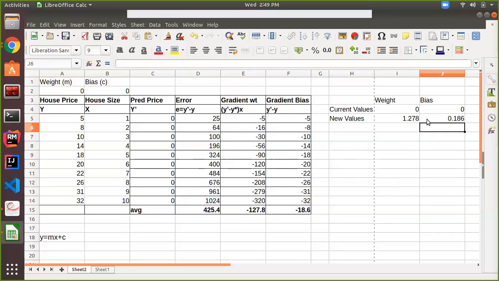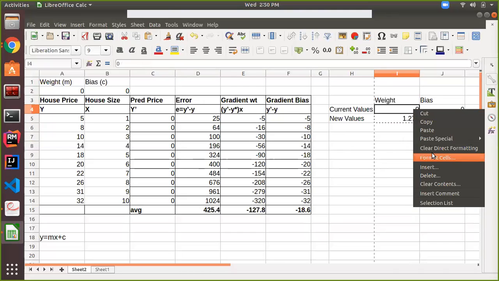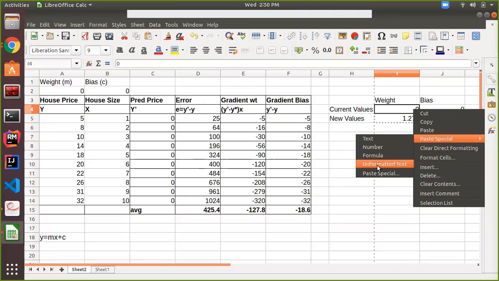So I will put these values of weight and bias in the formula here. I will make it as current. So first of all, we will make it as current. I will copy it and paste the values over here so that these values become current.